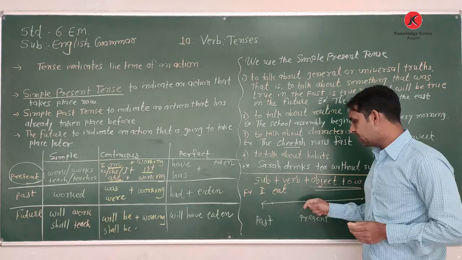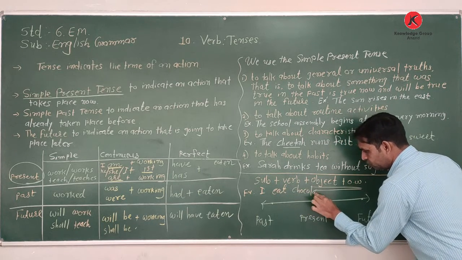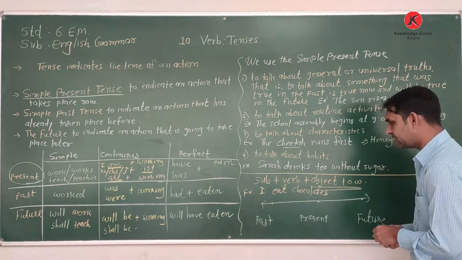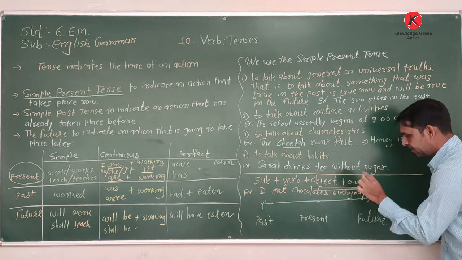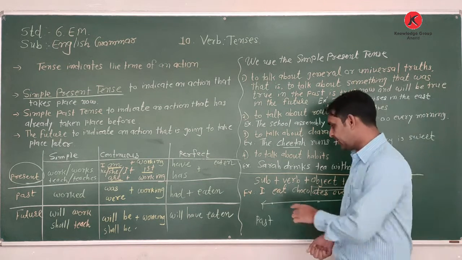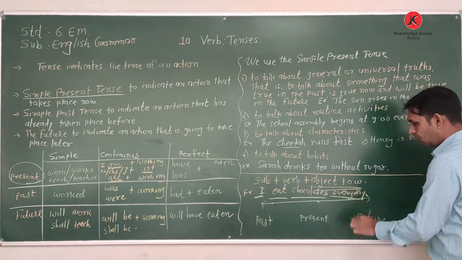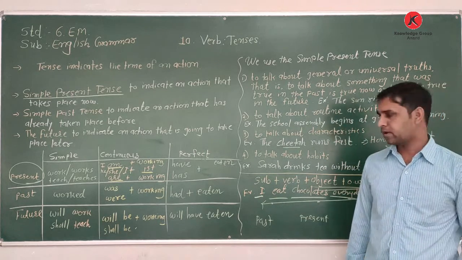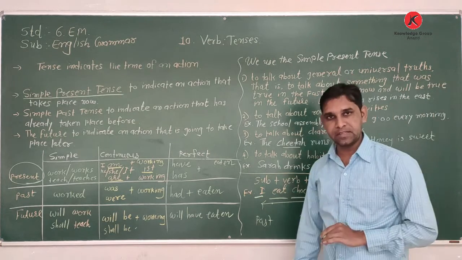It shows the simple present tense. I eat what? I eat chocolates every day. I is the subject, then verb, object and other words. This shows the simple present tense.